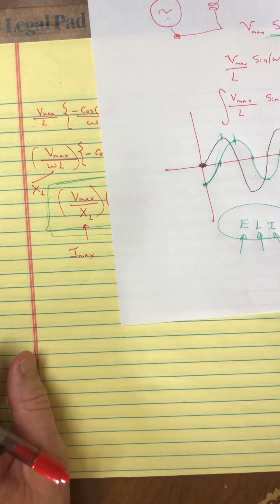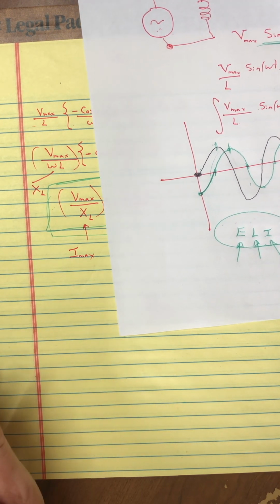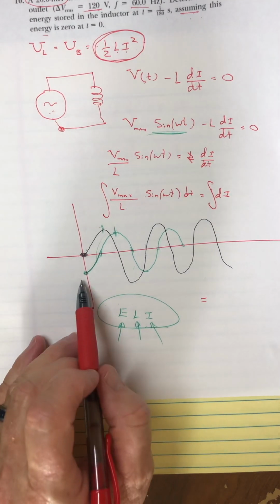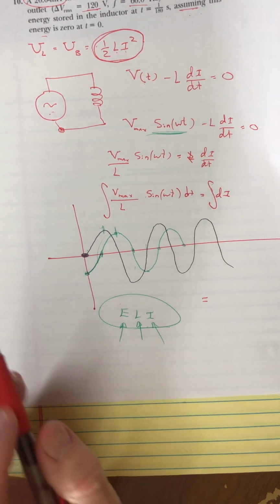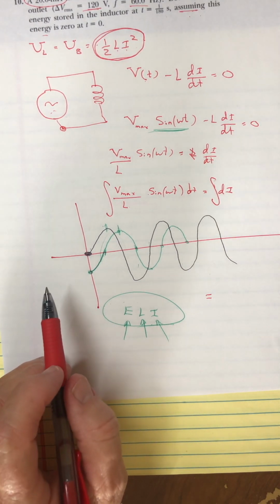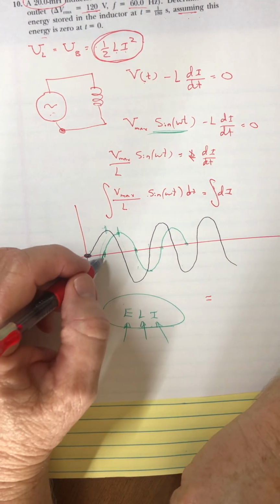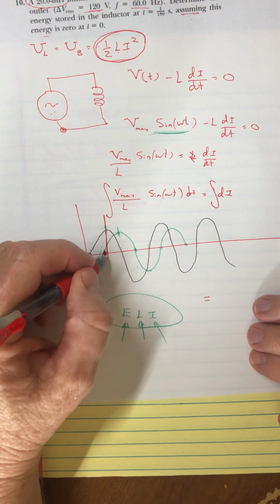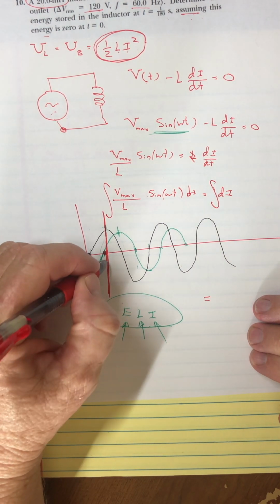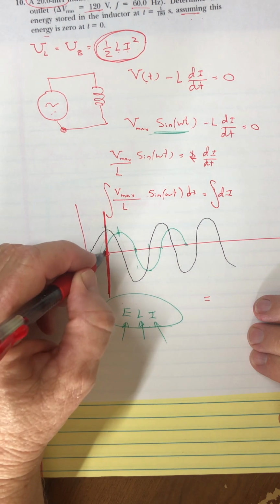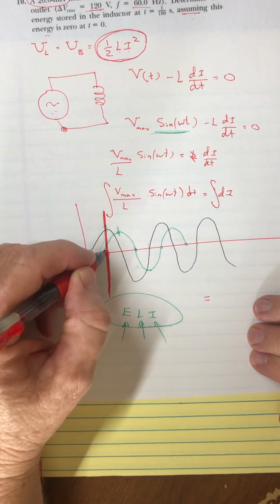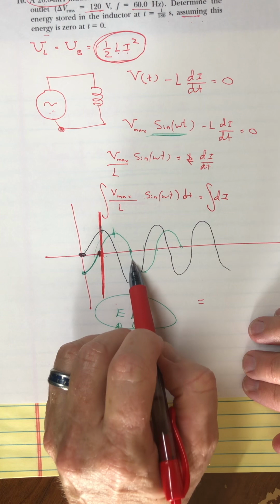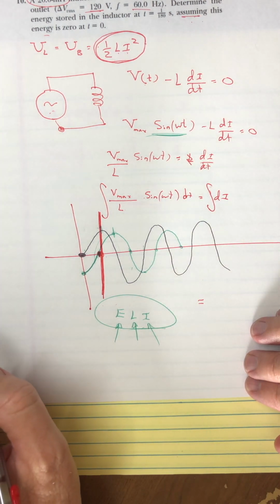So we need to change this a little bit and adjust our axes so that our time equals 0 is when the current is 0. One way of doing that is to put time equals 0 right here. And following this green one, the current would go up to a maximum and then back down and whatnot.